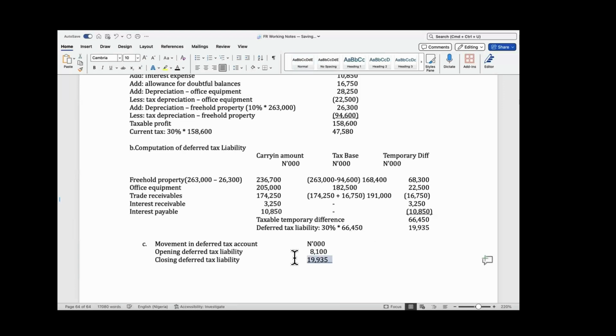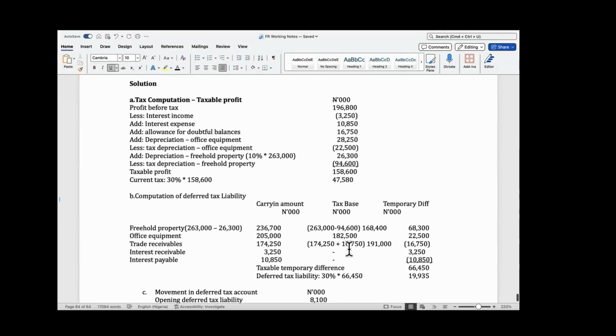Okay, so here we have an increase in deferred tax that will result in a deferred tax expense. What's the difference here? $11,835. Okay, and that's the end of deferred tax for you guys.